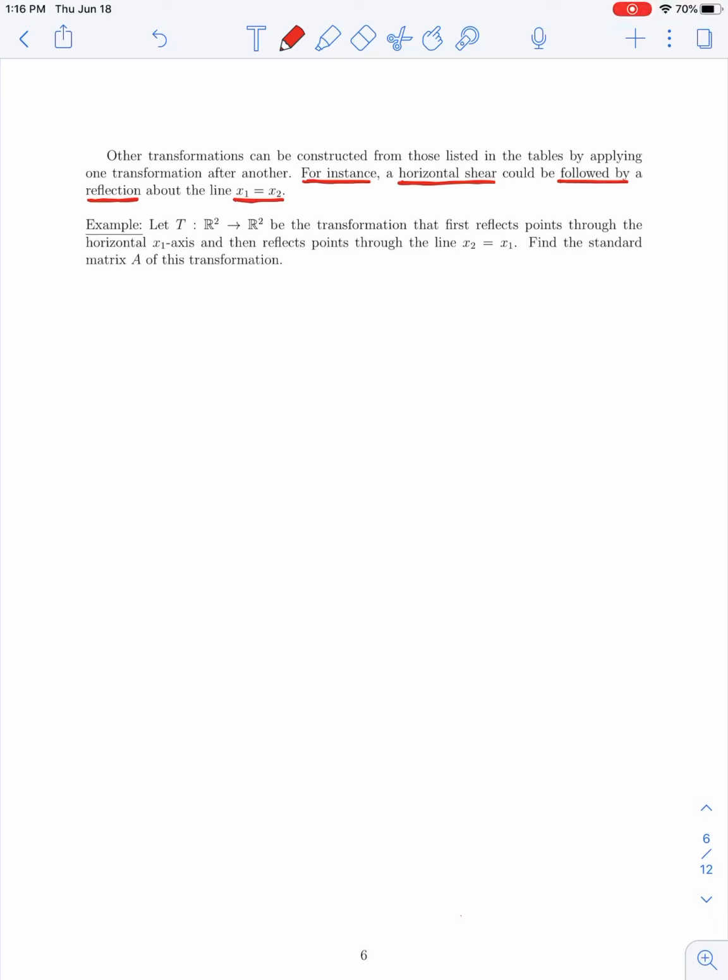As an example, let's consider a transformation T from the plane to itself, which consists of first reflecting points through the horizontal or x1 axis, and then reflecting the corresponding points through the line x2 equals x1. So we want the standard matrix A for that transformation. Let's think about how to find this.